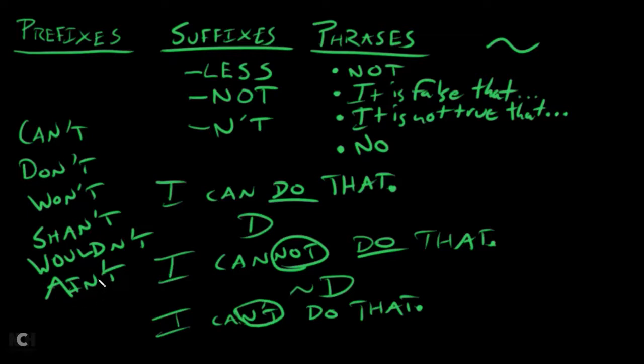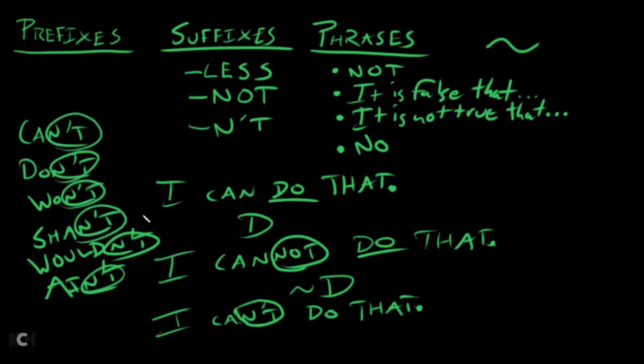Ain't went out of fashion a couple hundred years ago. Among elites hundreds of years ago, they said ain't to be short for am not. As soon as poor people started using it all the time, it became out of fashion, improper English. It's fine, and it means am not. So all these are instances here. These contracted n'ts on the end are short for not, and they indicate a negation. So look out for these.